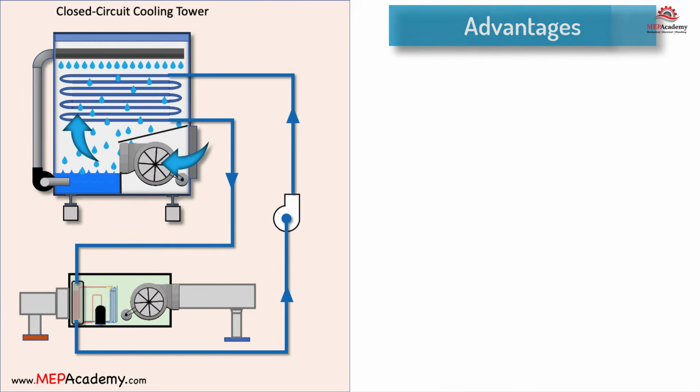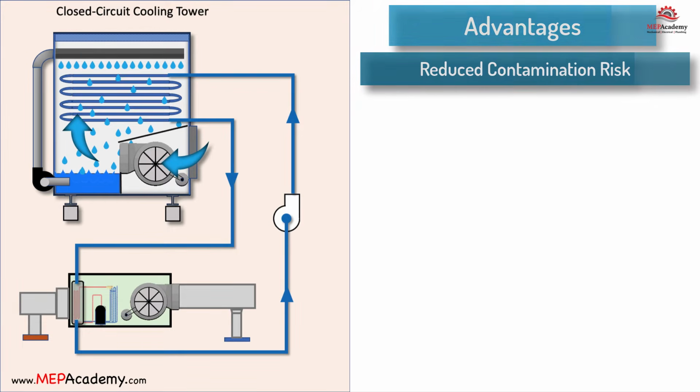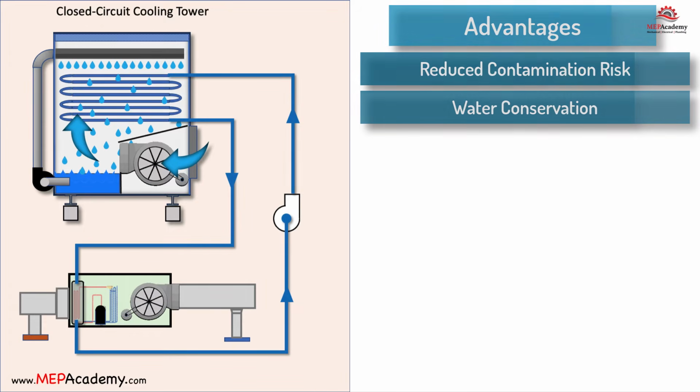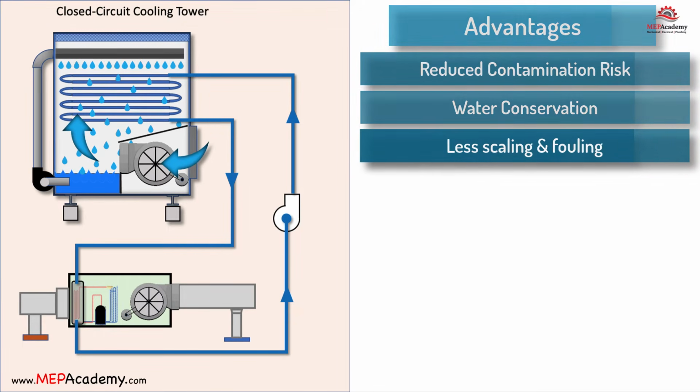Advantages of a closed circuit cooling tower. Number one, reduced risk of contamination since the process fluid is isolated from external elements. Number two, water conservation as the process fluid is recirculated within a closed loop. Number three, less susceptibility to scaling and fouling due to the closed nature of the system.